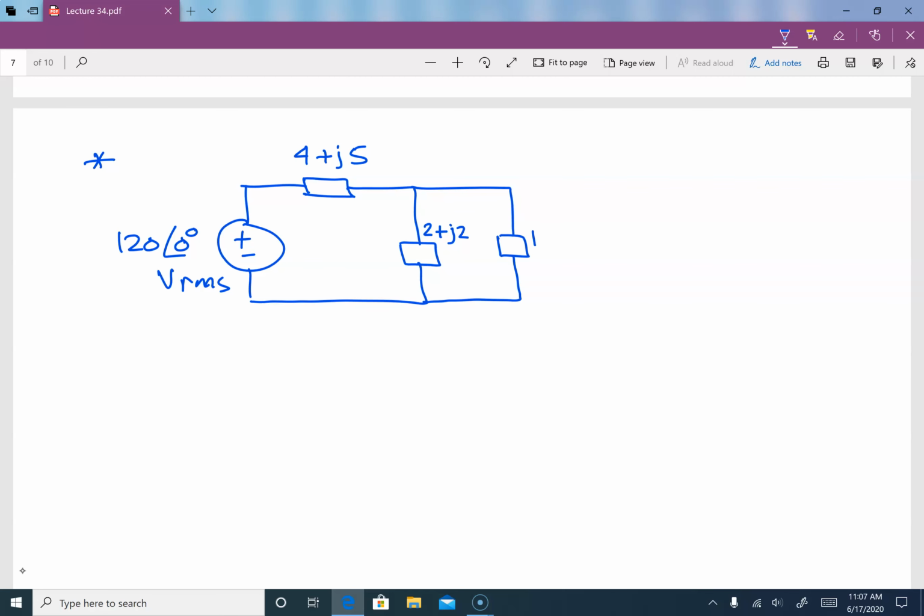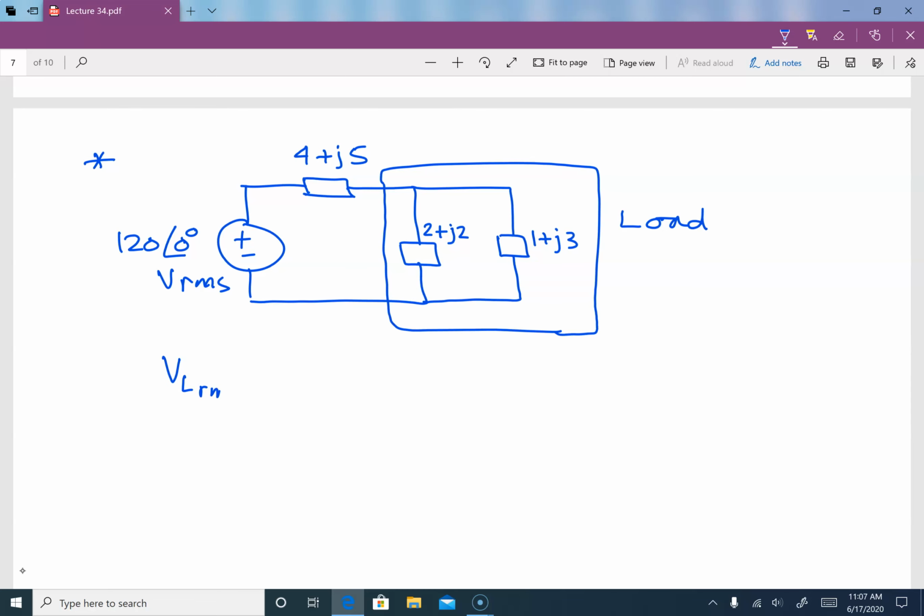And this is, let's say, 1 plus J3. And we are saying that this over here is our load. So the VLRMS does not equal 120 with angle 0. Why is that? Because there is a voltage drop over here.